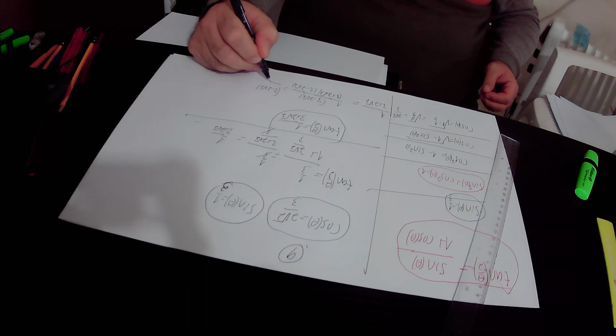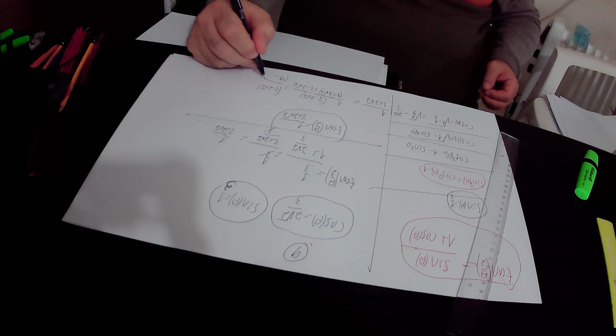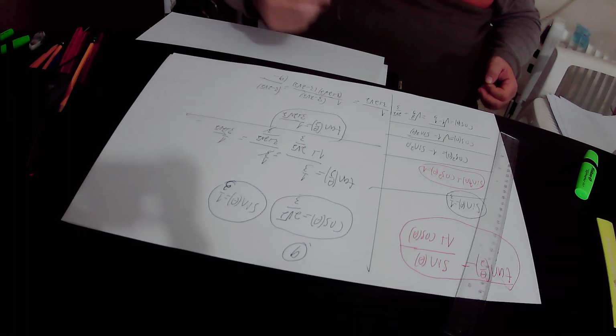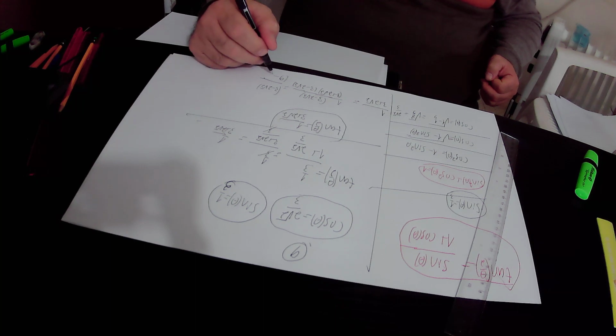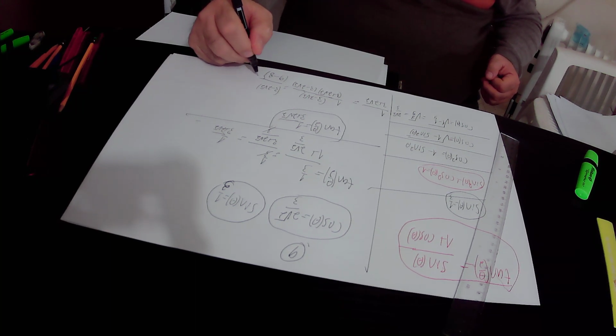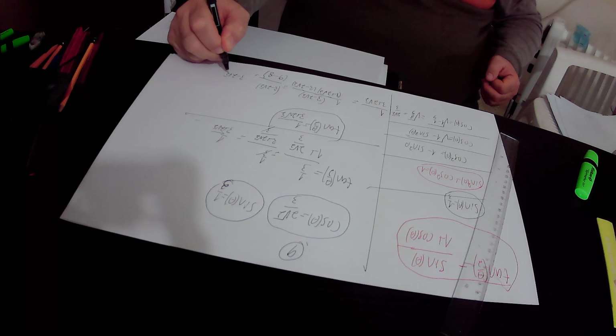Here a equals 3, so a squared is 3 squared, that is 9, minus b squared. B is 2 times square root of 2, so b squared is 2 times square root of 2 squared, that is actually 8. So in conclusion, in the denominator we have 9 minus 8, that is 1, and in the numerator we have 3 minus 2 times square root of 2.